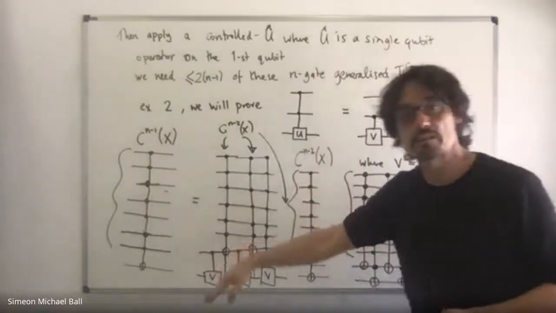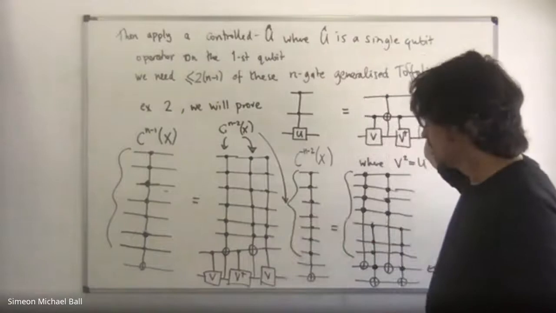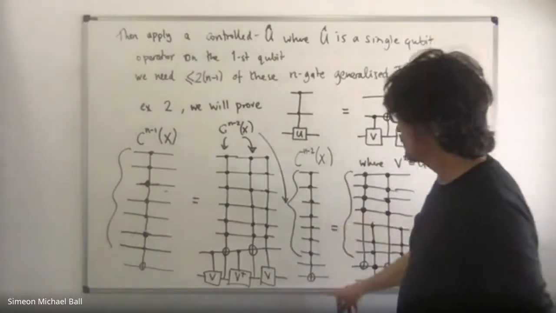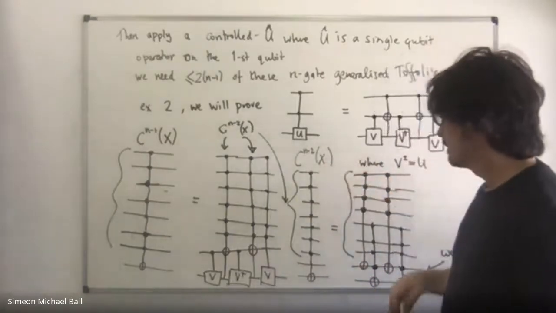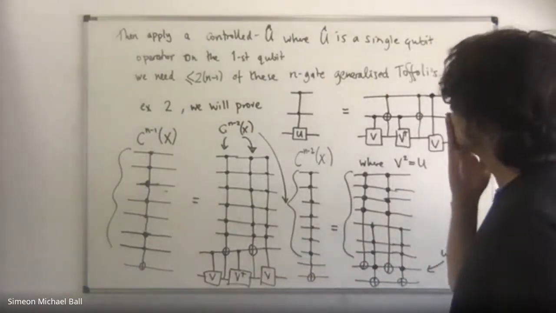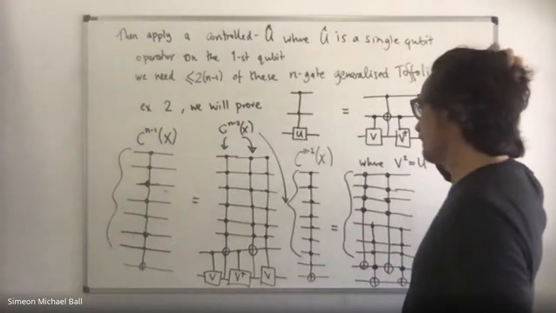I'll forget about the rest of it, the rest of it's fine. I've now got to prove that I can do a Cn minus 2 of x, because I've got this V here. Then I have to reapply this again for the last one.